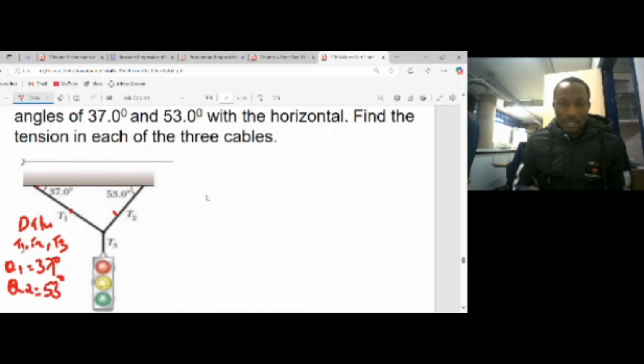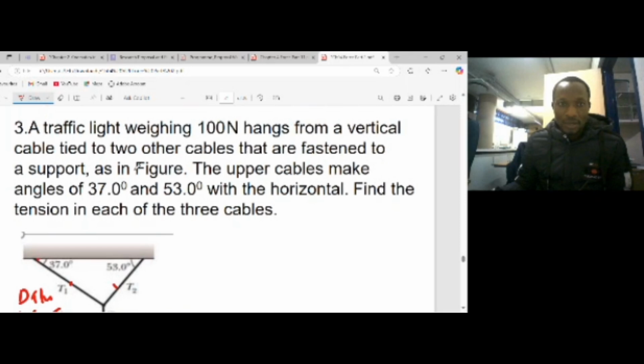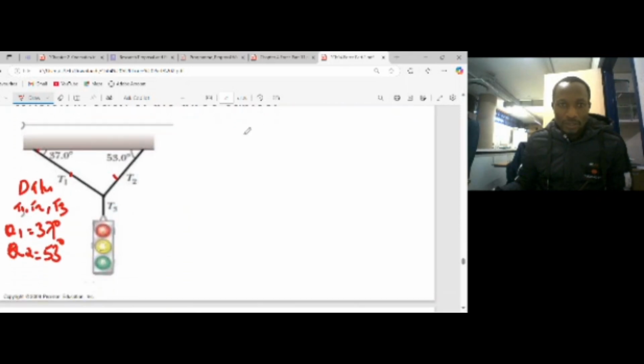The question is to find the tension in each of the three cables, and we have been given a traffic light weighing 100 Newton that hangs. So this traffic light, the one in red, yellow, and blue, has a weight of 100 Newton. It's hanging, so it's in the vertical component.